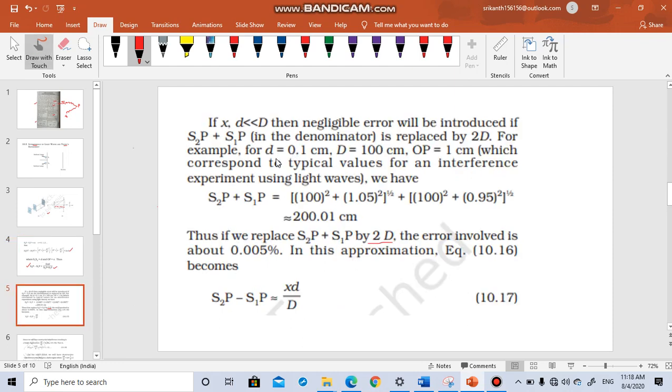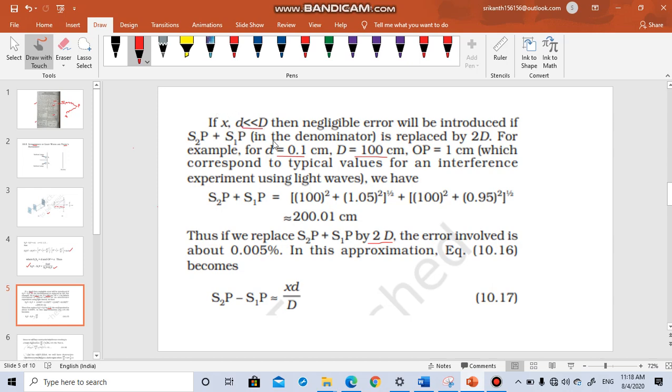So in the example he says take d equal to 0.1 centimeter and capital D equal to 100 centimeter. 100 centimeter is the distance between the slits and the screen. Small d is the distance between the slits. Slits means a small hole. You can see that 0.1 cannot be compared with 100 centimeter, so this is the condition we are following.